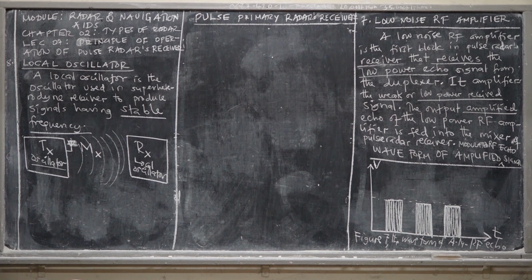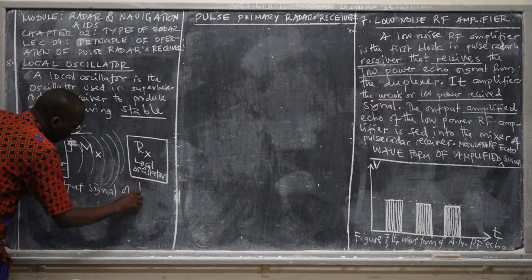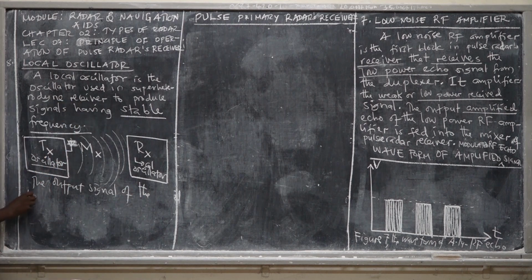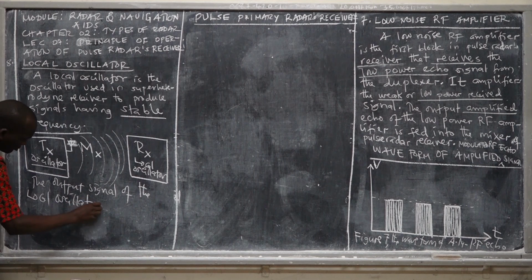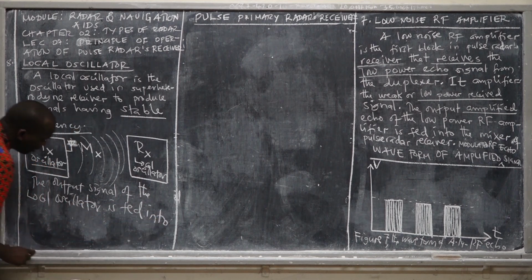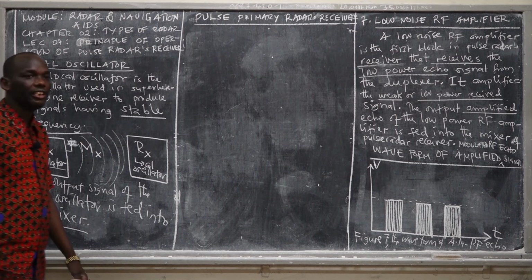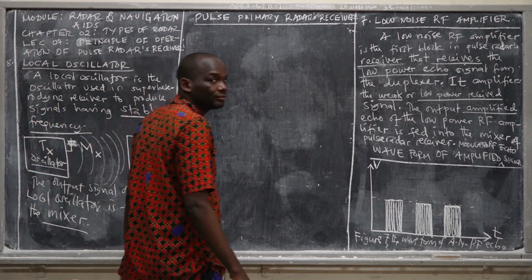So you say that the output signal of the local oscillator is fed into the mixer. Into what? The mixer.